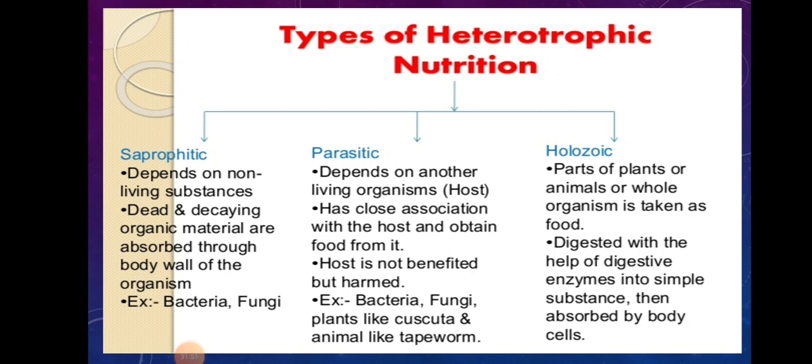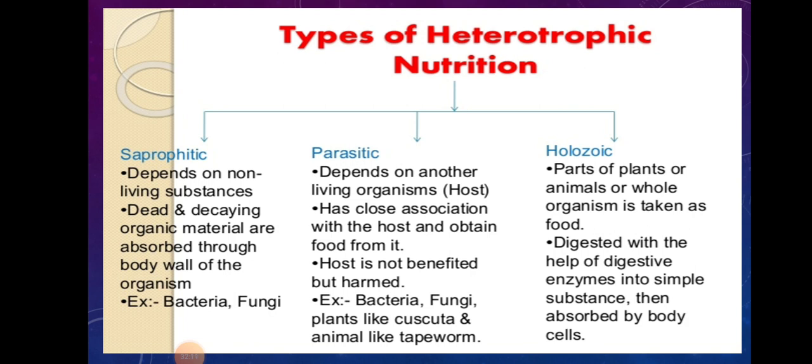Okay, now how does this nutrition take place? Actually, what happens is these organisms secrete a certain type of enzyme. This enzyme digests or turns the food into liquid state outside the body. Over here, digestion of food is not taking place inside the body.